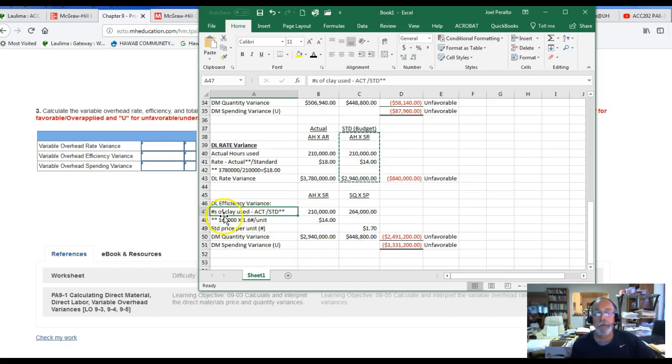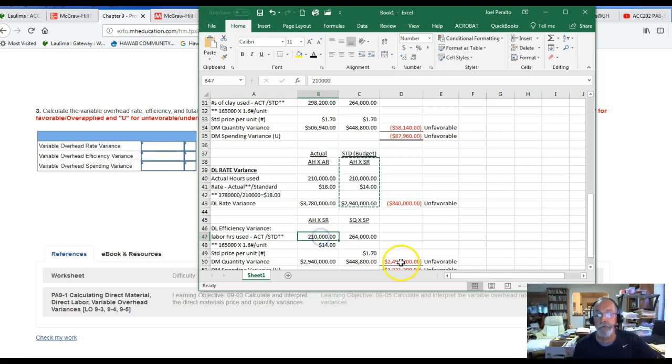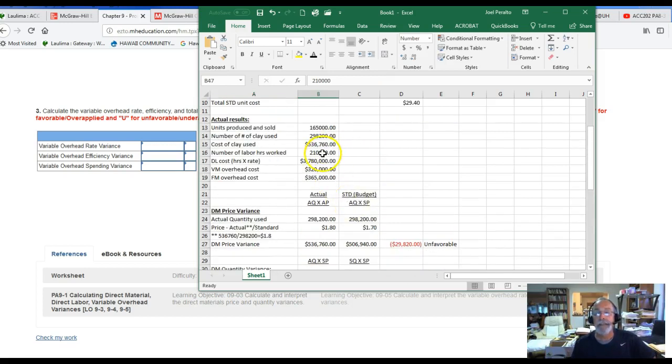So this is going to be labor hours used, actual and standard. Our actual is 210, actual hours.